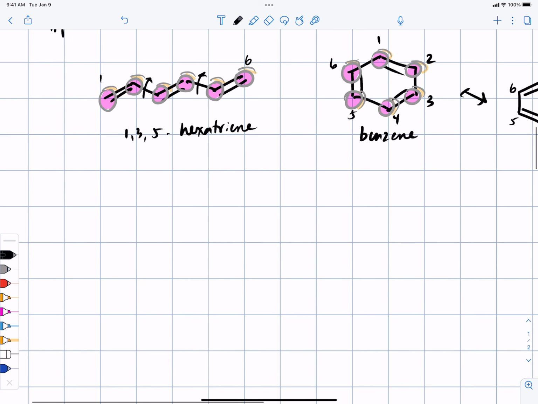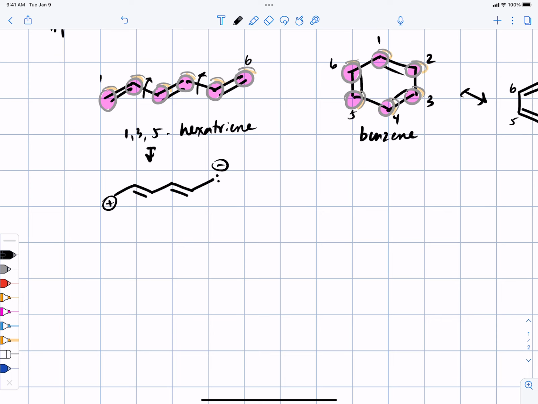In contrast, I suppose I could draw a resonance structure for 1,3,5-hexatriene that would look something like this. But that's not necessarily as good as the benzene resonance structure, right?